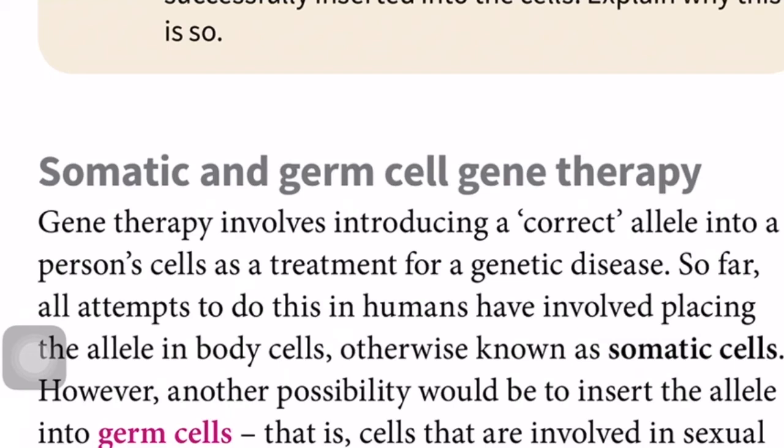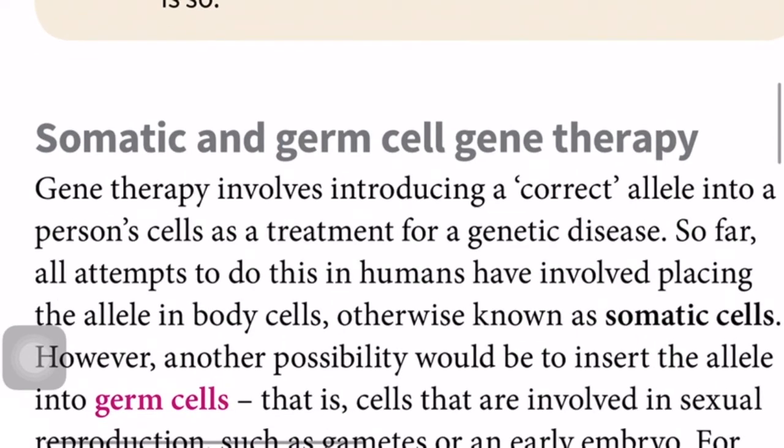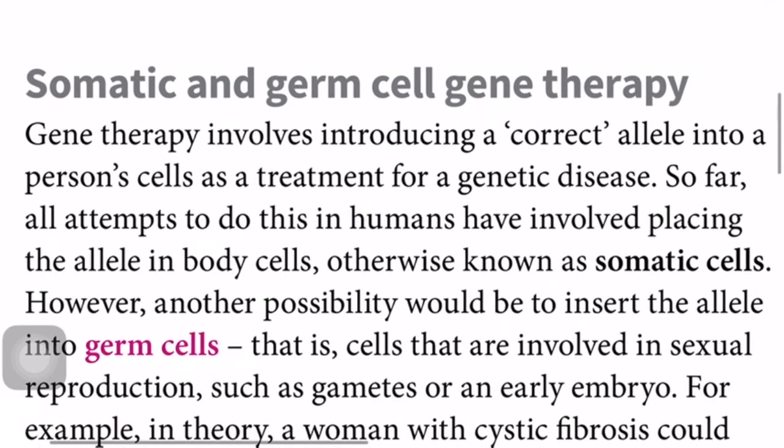Male gametes are sperm, while the female gametes are the egg. Germ cells are not only the gametes, but also the sexual reproduction cells. And somatic cells are the body cells.